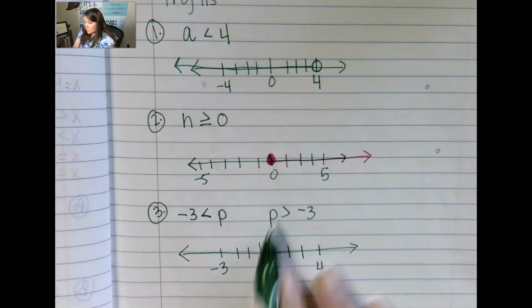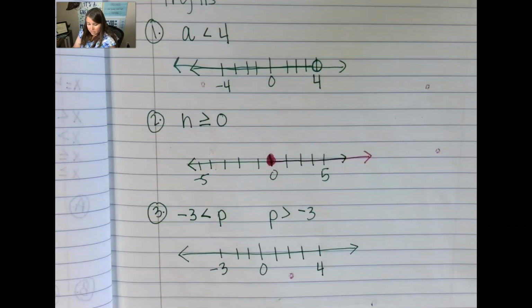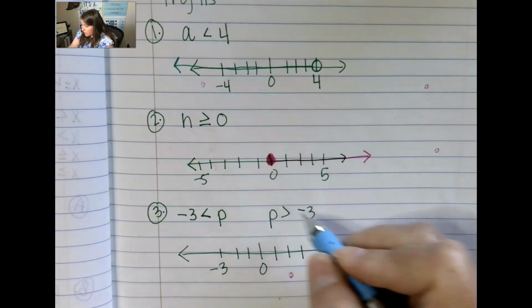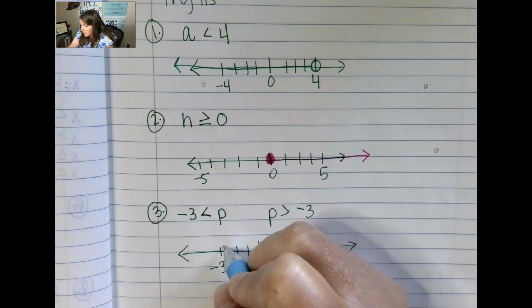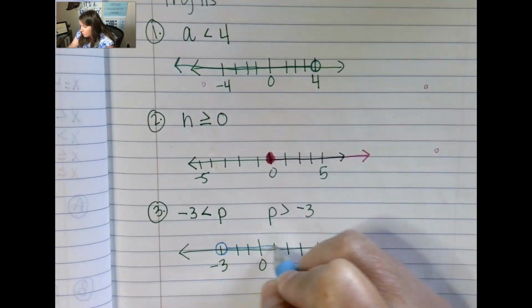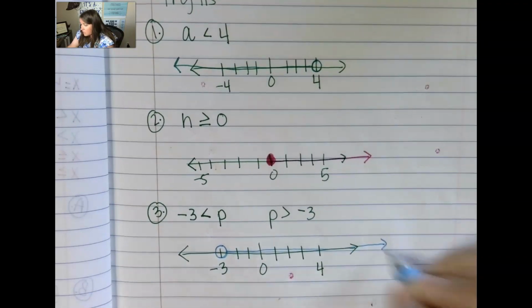It's greater than, but it does not include -3, so we're just going to use an open dot, and then we're going to choose everything that's bigger.